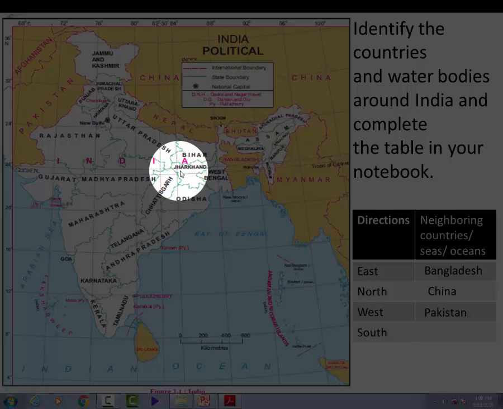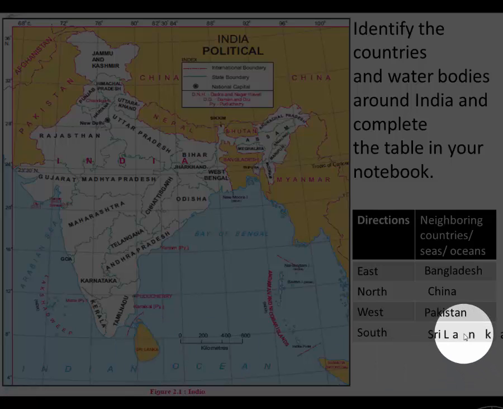This is India and the south side. So many countries are there. See, this is Sri Lanka, which is on the south side of India. Now our last answer is Sri Lanka. Now note down the answers.